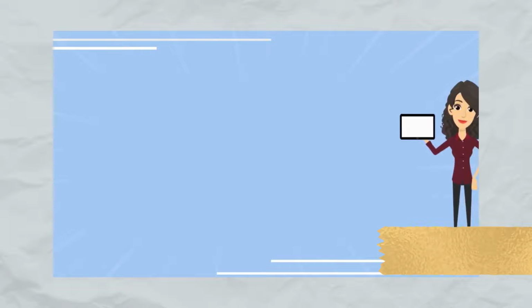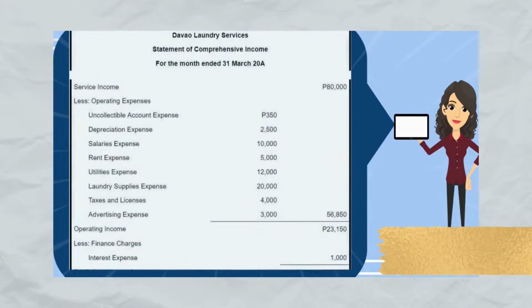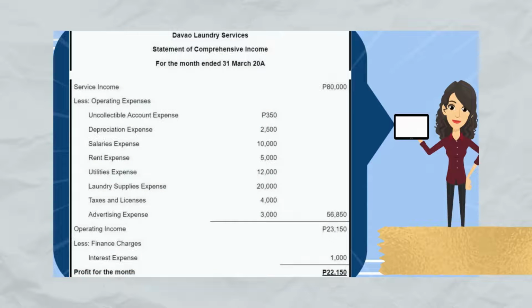And here's an example of statement of comprehensive income. We have the heading, the name of the business, the Davao Laundry Services, the statement of comprehensive income, as well as the date for the month ended 31 March 28.